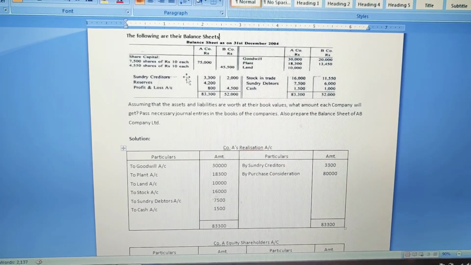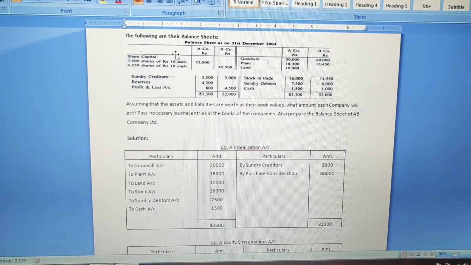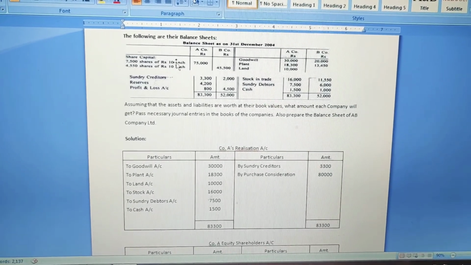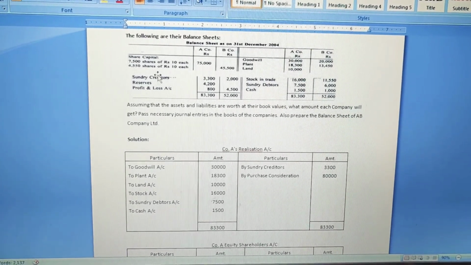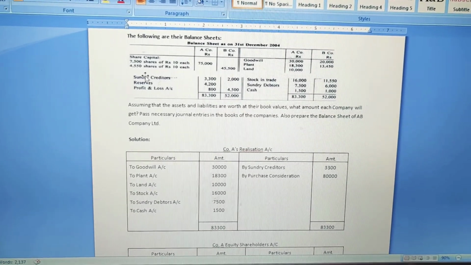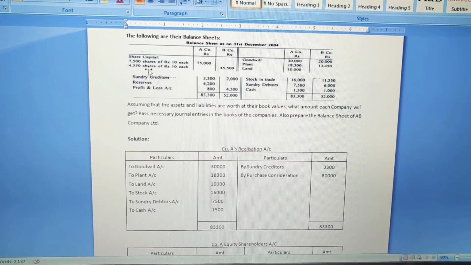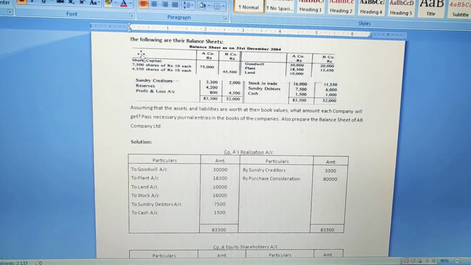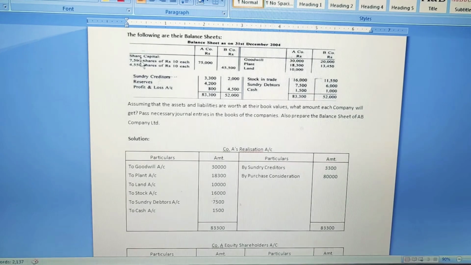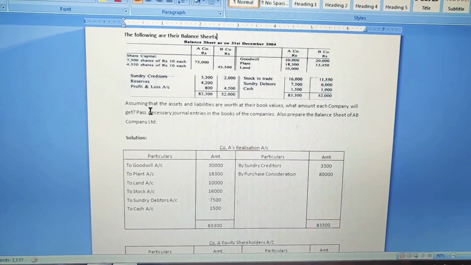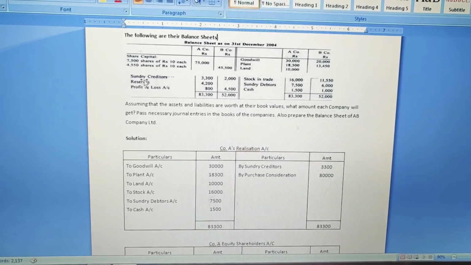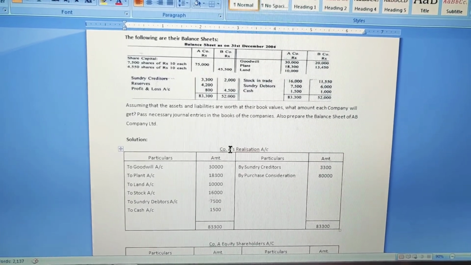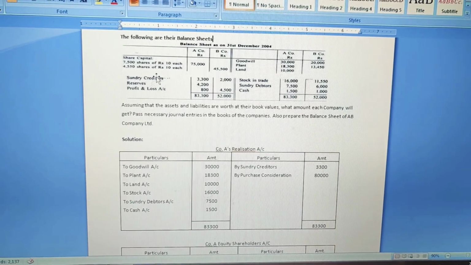Clear? And on the liability side, share capital is not a liability, it is capital, so you will not transfer this, remember this. What you have to transfer is just the liabilities. So what is the liability in this? Sundry creditors, just the sundry creditors. Reserves and profit and loss are the part relating to share capital, equity shareholders, and they are not our liabilities. So you don't have to pass these on the credit side of the realization account. You just have to pass all your liabilities.